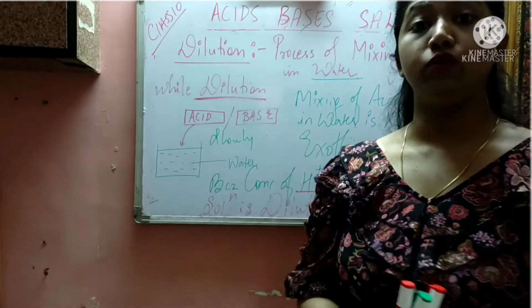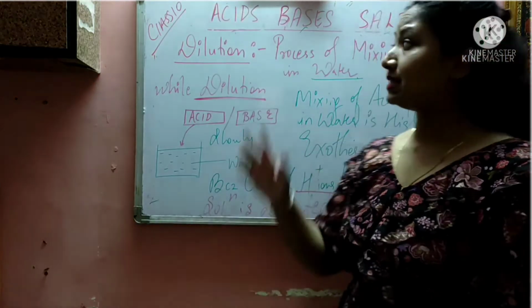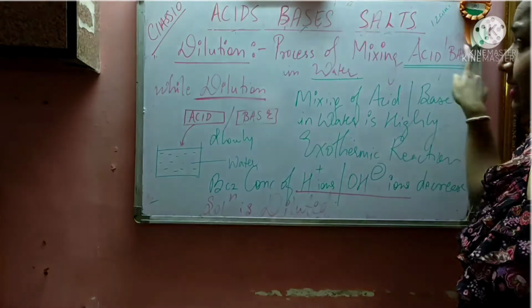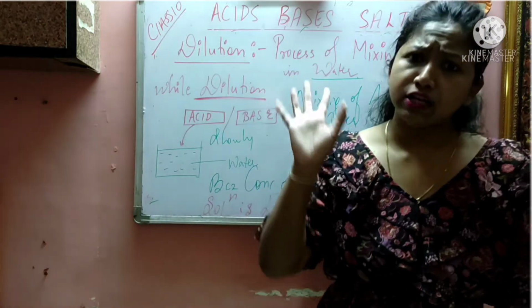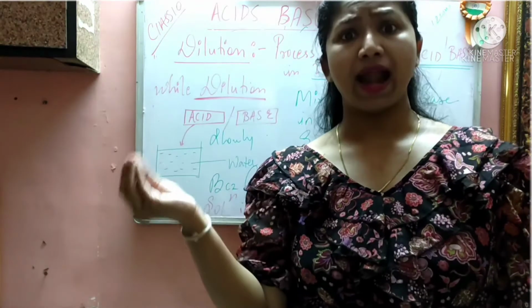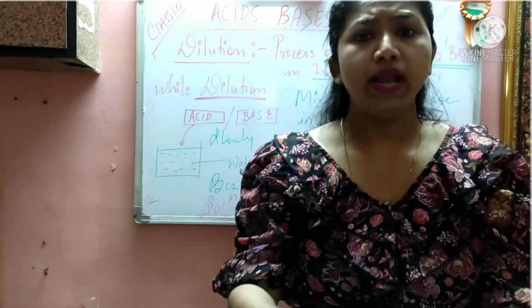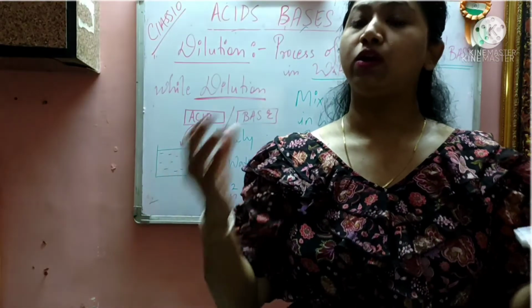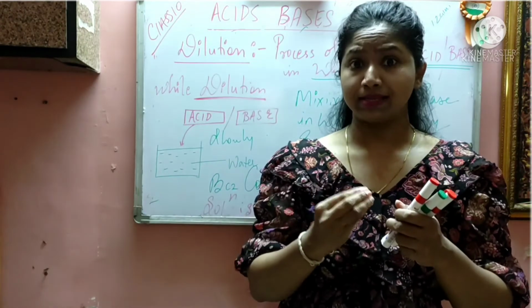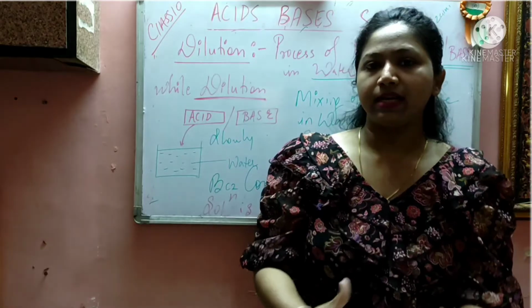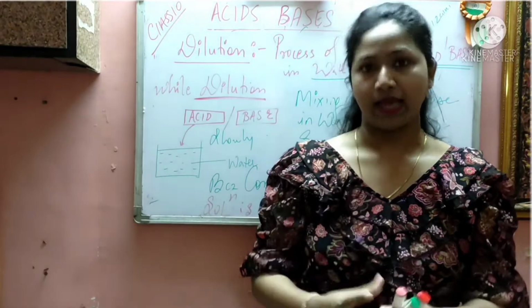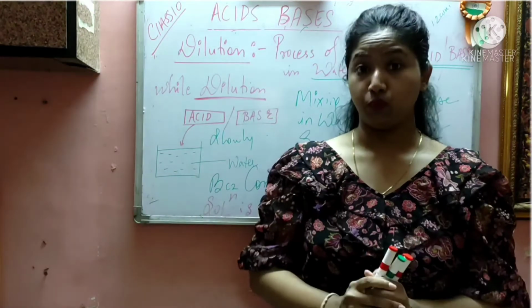This is what dilution is. Let's see it again. It is the process of mixing acid and base into water, and it is always preferred that you add acid and base slowly into water. Why? Because the concentration of H plus ions and OH minus ions decreases, and hence the solution is said to be diluted.